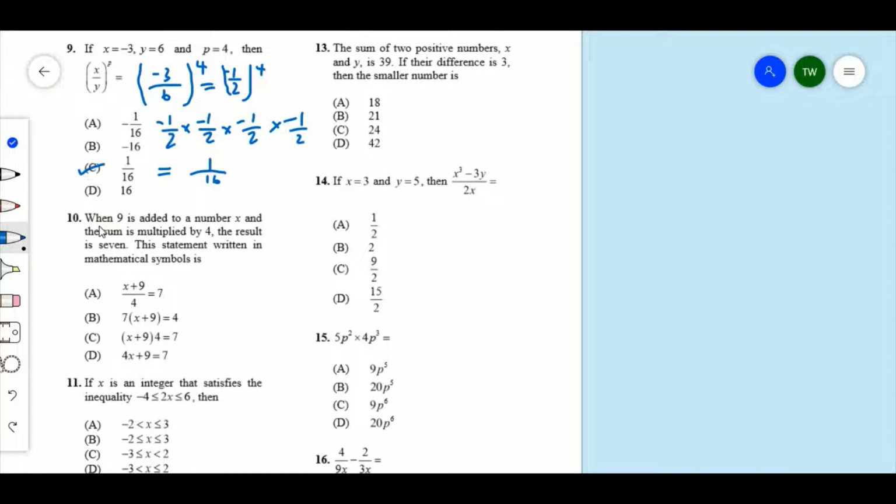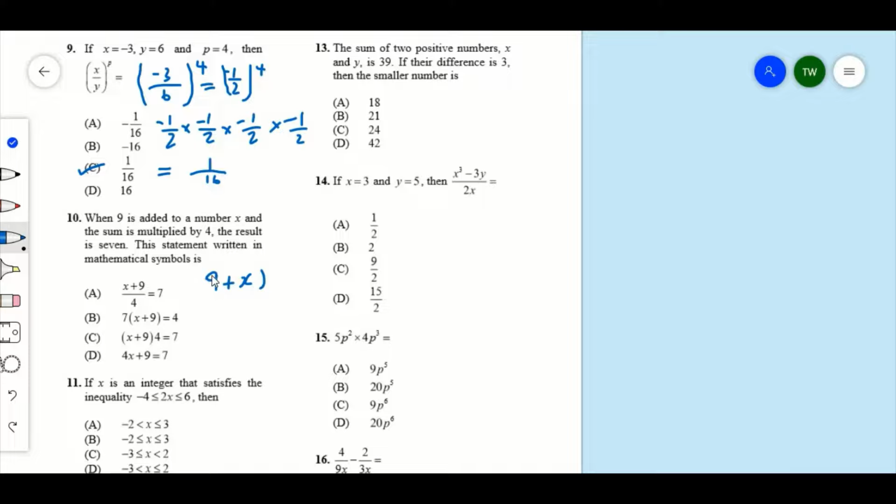Item number 10. When 9 is added to a number x and the sum is multiplied by 4, the result is 7. So we know from the question 9 is added to some number x, so that's going to be 9 plus x, right?